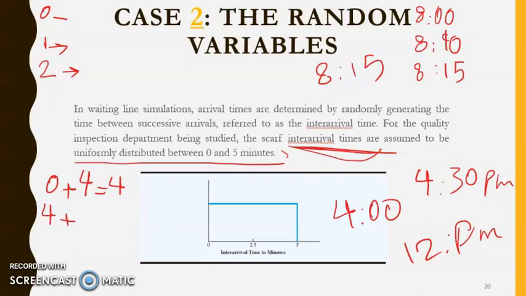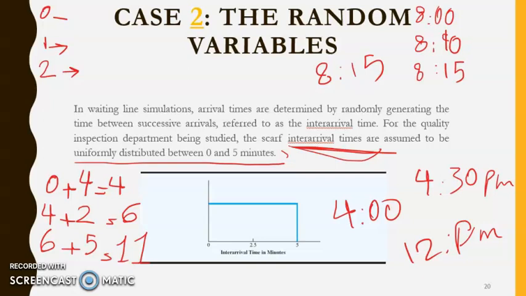Generate a random number here. For example, you generate 2. So the second customer enters at the time of 6. What about the third customer? Generate another random number, for example 5. So it comes at the time of 11, and like this you continue.